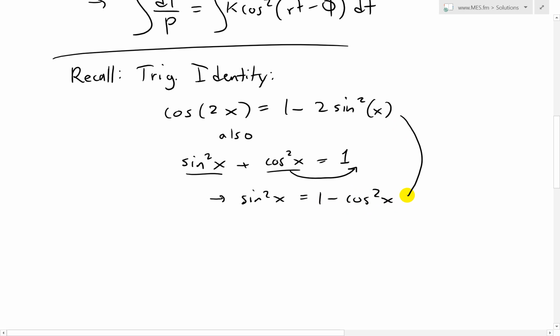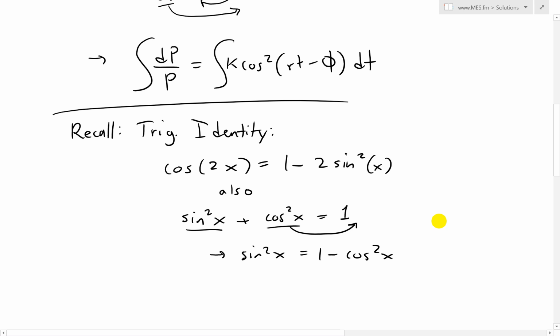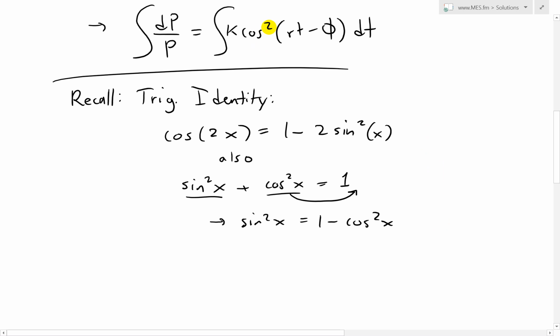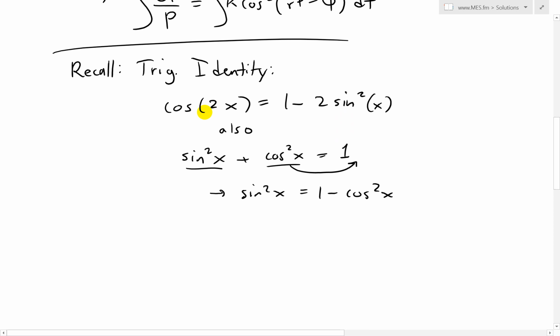Now what we can do is combine these two. We throw this sine squared in, replacing it with 1 minus cosine squared x, because what we want is to remove the squared, so that we deal with cosine without the square, and we know the integral of that, which is just sine.